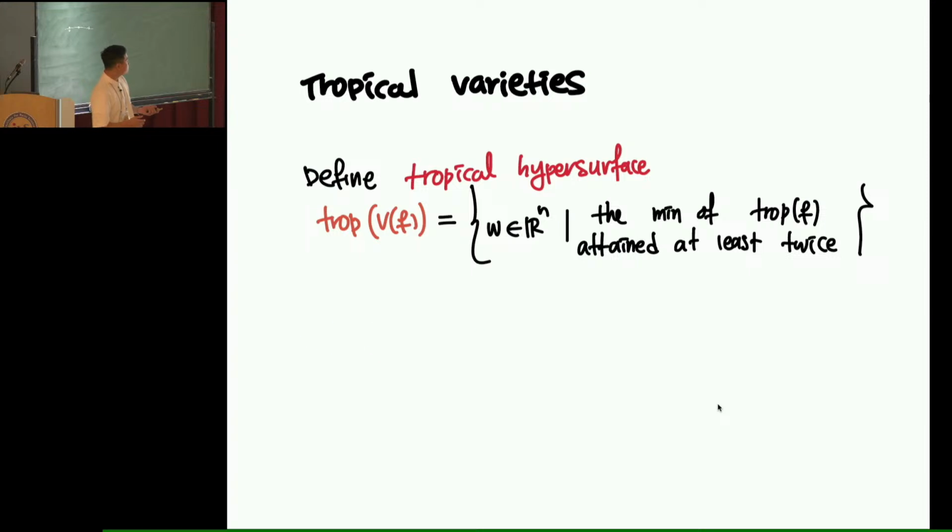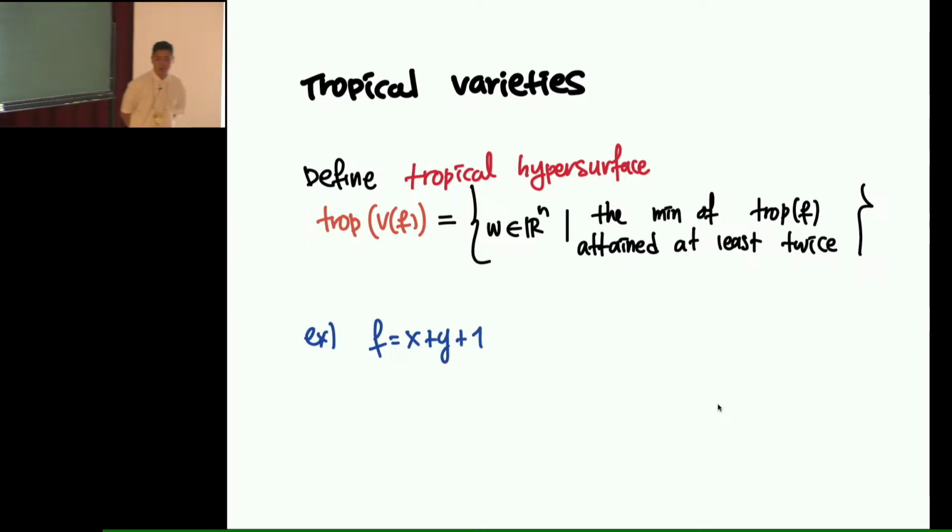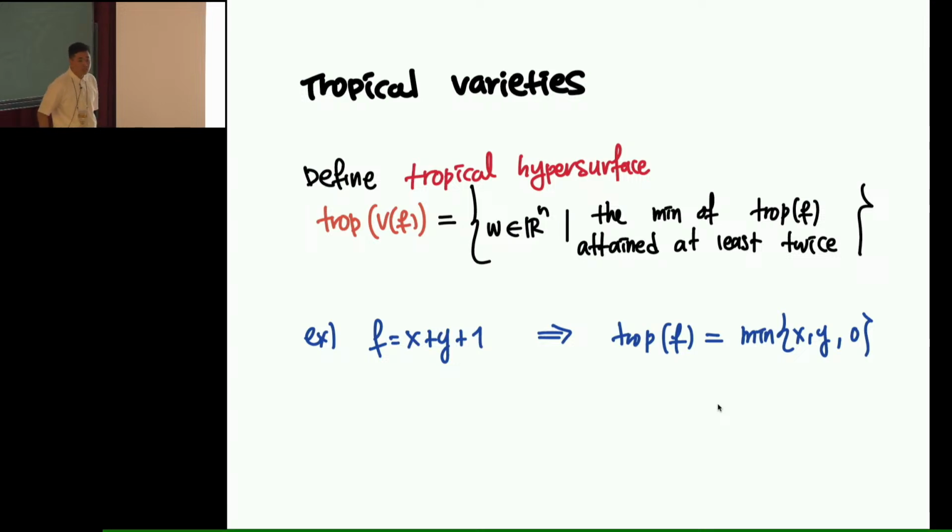So let me just give you an example. We have f equals x plus y plus 1, and then let me just try to draw the tropicalization of this. What is the tropicalization of this guy? I'm just taking the tropical summation and multiplication, then you have this minimum of these three. X, y, the valuation of 1 goes to 0, so we have a minimum of these three things.